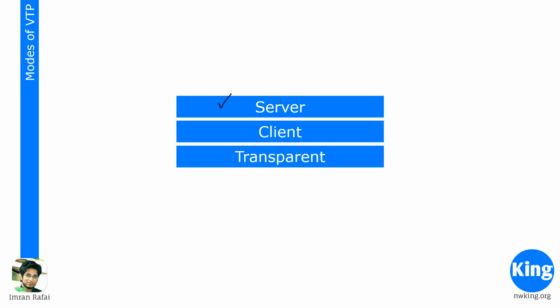So let's start with server. VTP server means this is where you can make changes. By default all the switches come as VTP server, right? That means you can make a change. So if let's say this is switch 1, sorry, my writing is really bad, and this is switch 2, and this is switch 3, and if this is server and these are clients, you can only add new VLANs at the server, right?